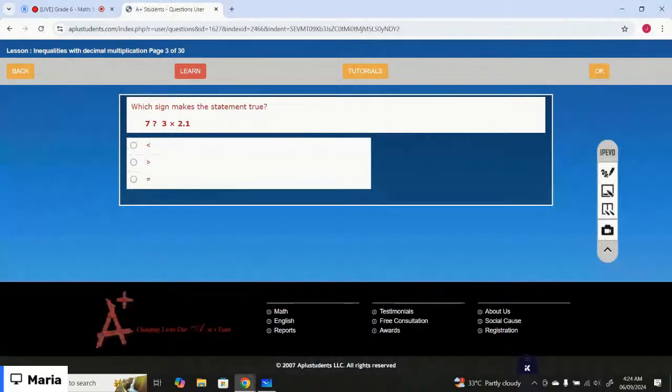Okay, the next one is 7, and you have to compare it to 3 times 2.1. So which is the correct option?